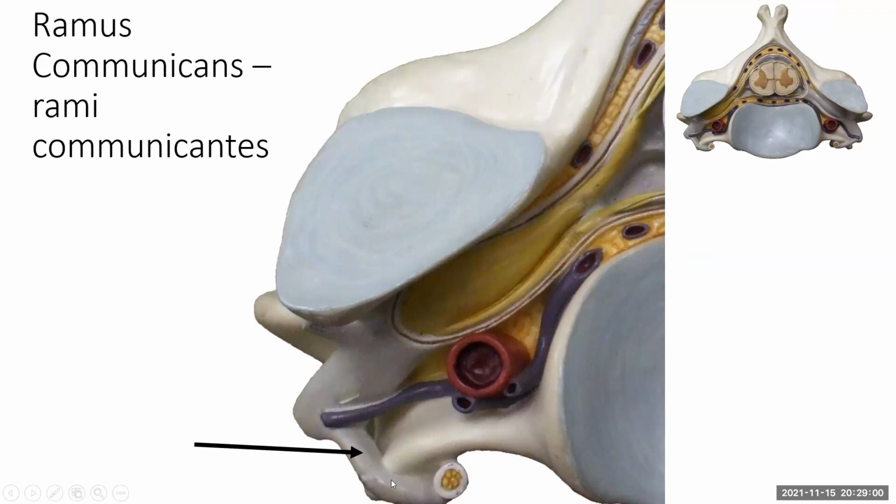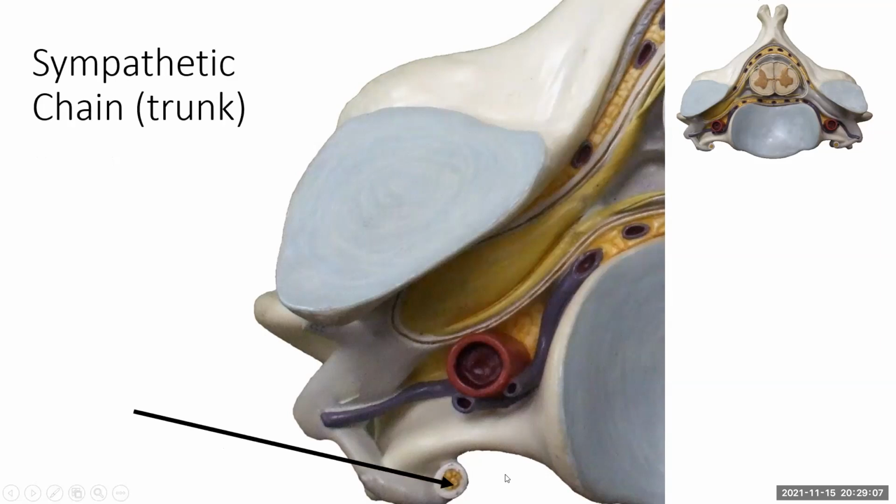That's what this is attaching to. Here's your sympathetic trunk. Sympathetic chain or the sympathetic trunk. Now, if it was a fat structure on the sympathetic chain or trunk, you would call it the sympathetic ganglion, but this is not. This part of the dissection is showing you the sympathetic trunk only.